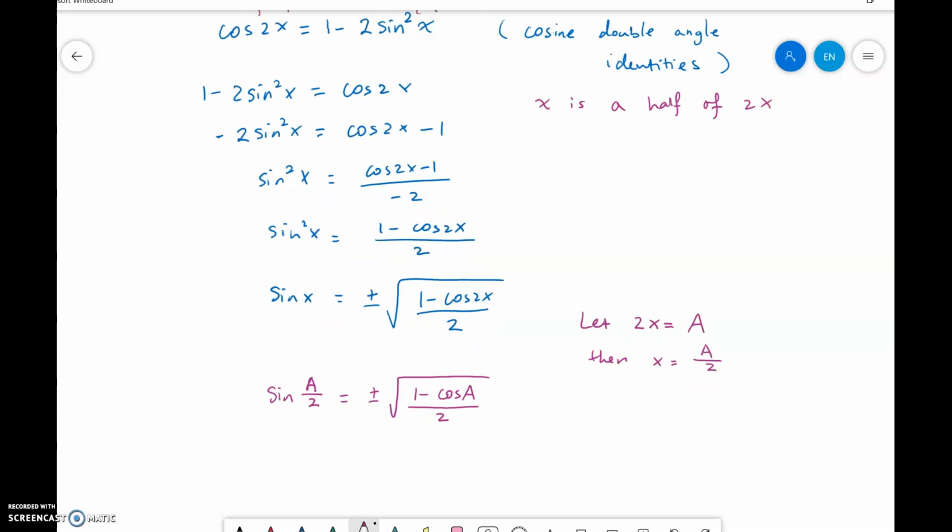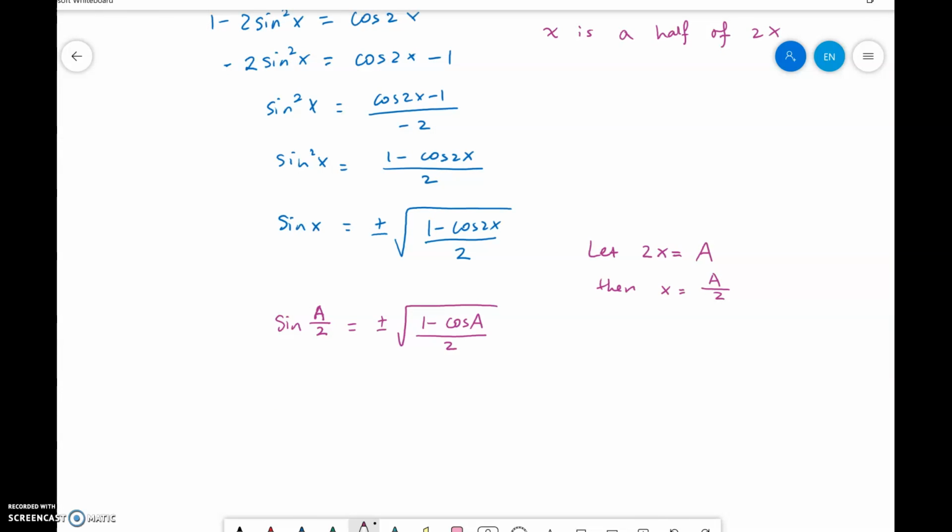If I want to find sine of 15 degrees, for example, I know that 15 degrees is half of 30 degrees, and I know what cosine of 30 degrees equals. Then I can use the formula to find the sine of 15 degrees.